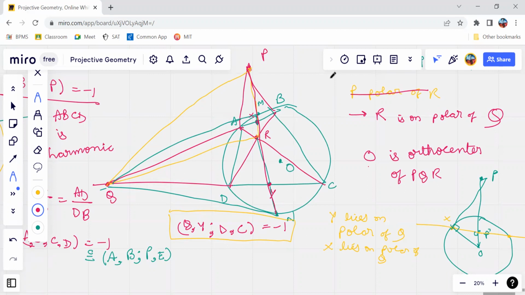And this line XY is this line PR. So directly, PR is the polar of Q. Does that make sense? And this is called Brocard's theorem.